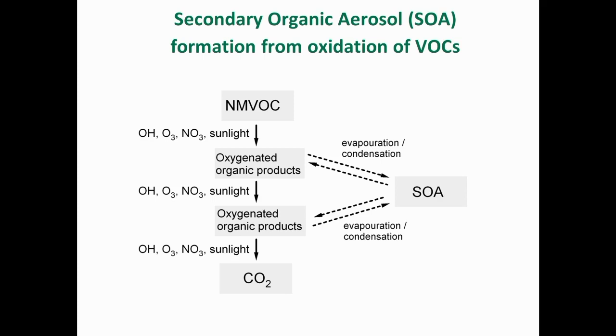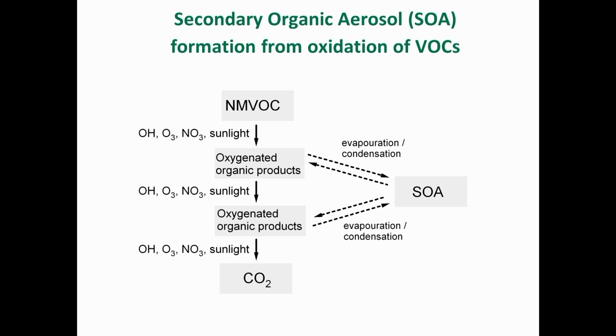So will organic components become less volatile or more volatile as they're oxidised? If you add oxygen atoms to a molecule, your vapor pressure goes down. So they become less volatile.